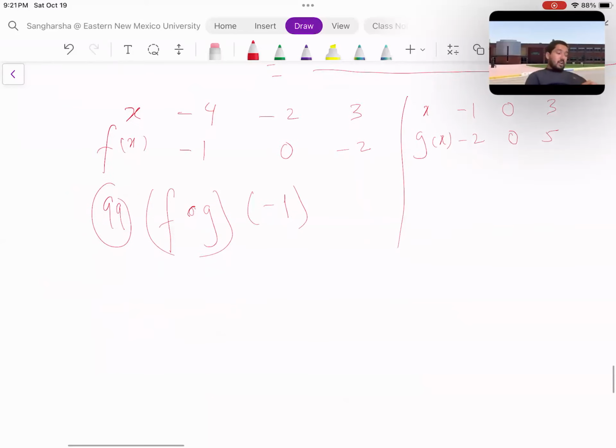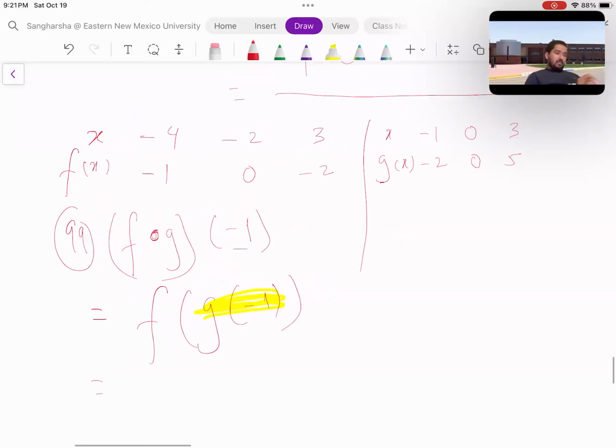Okay, this is a composite. So use the definition. Definition is f of g of -1. Now, from this table, can you tell me what is g of -1? Who can tell me g of -1 from the table? So g function is here.